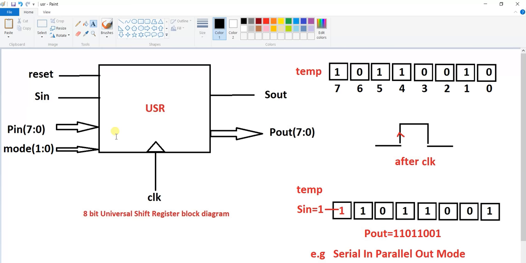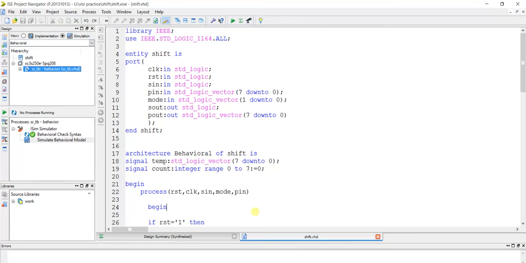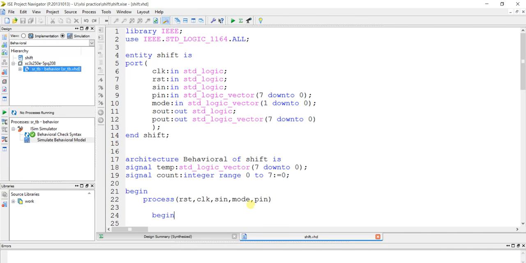So let's see how to implement this system using Xilinx. I have written the code already. I have taken the entity name as shift. You can take it as USR as you are implementing a universal shift register; that doesn't really matter. Our system will require a clock, so the inputs to the system will be clock, reset, serial in, and parallel in.